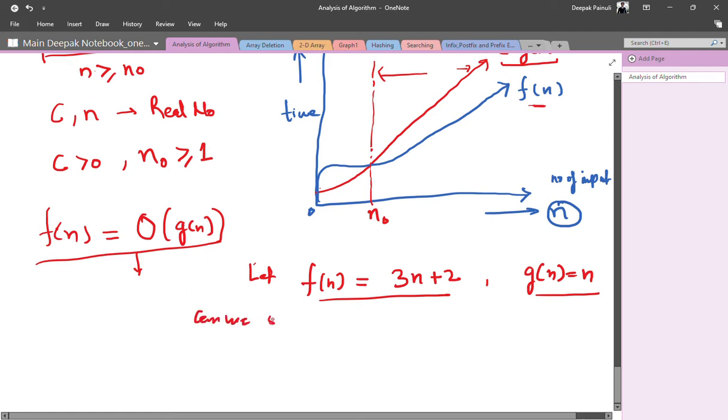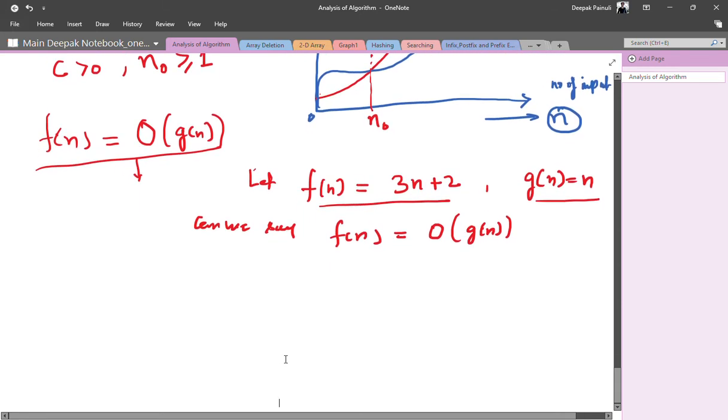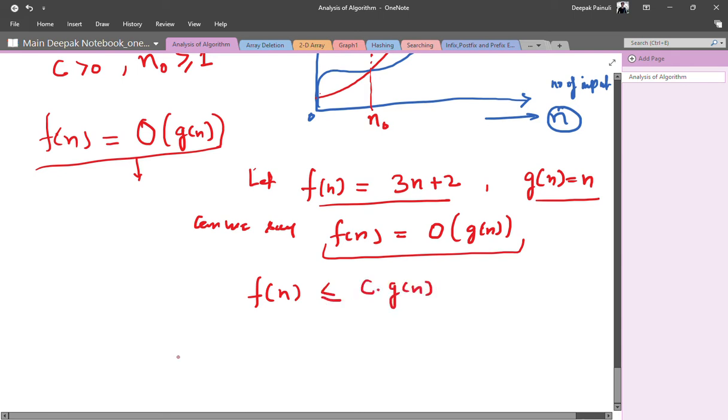Now, can we say that fn is big O order of gn? Let us check. For writing this function in the big O notation, we need to check the conditions for big O. And for big O we have the condition fn should be less than or equal to c dot gn, right?